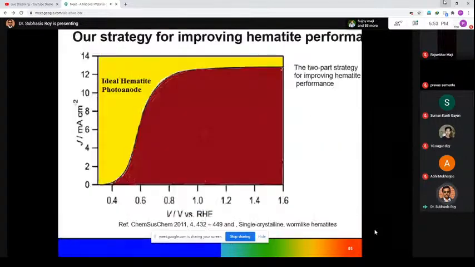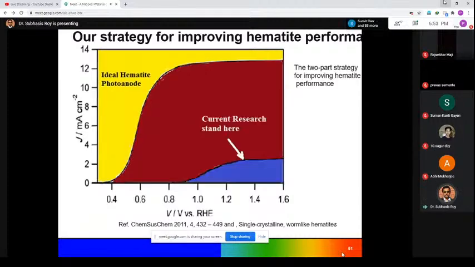So our strategy here: if you look at the theoretical, you see hematite may give up to 12 milliampere per centimeter square current, and it has low voltage applications. But if you see the current, it is standing here up to 0.8 volt.